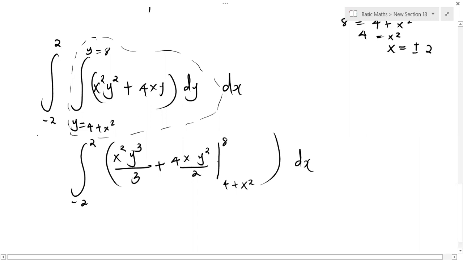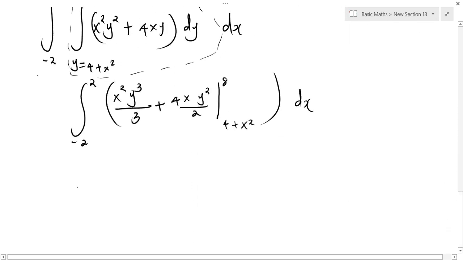Okay, fine. Since we integrated with respect to y, we will be replacing these values where there's y. So we will have integral from -2 to 2 of x squared, where there's y, I'm going to write 4 plus x squared cubed, all this divided by 3, plus this can cancel with this so that we have a 2 here.